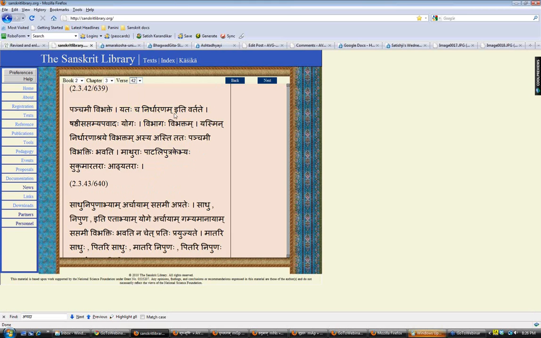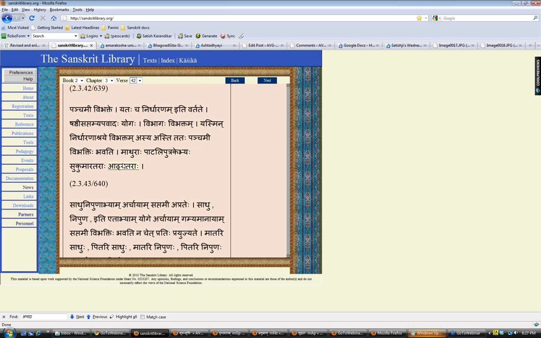Nirdharanam is separation between two groups, two parts, when there are only two, not one from a group, but between two. So it says Mathuraha Pataliputrakebhya sukumarataraha. So these people of Mathura are more delicate. And ajyataraha, they have more wealth than the people of Pataliputra. So this is mattah parataram nanyat, parataram, than me, greater than me, someone greater than me.